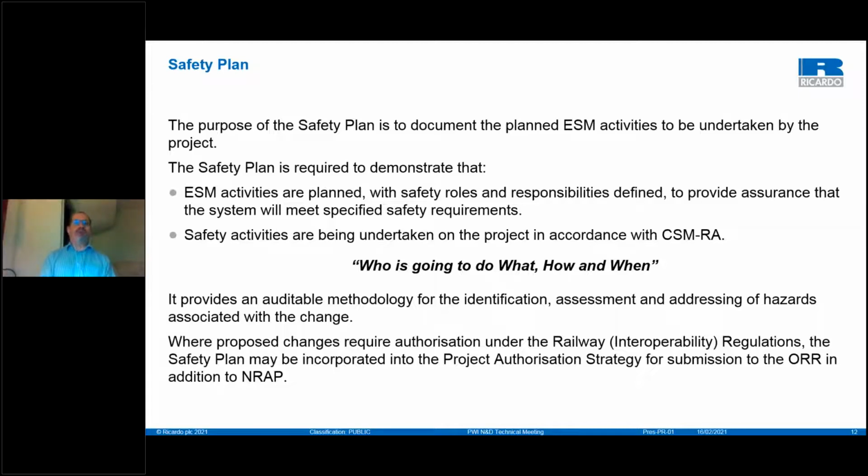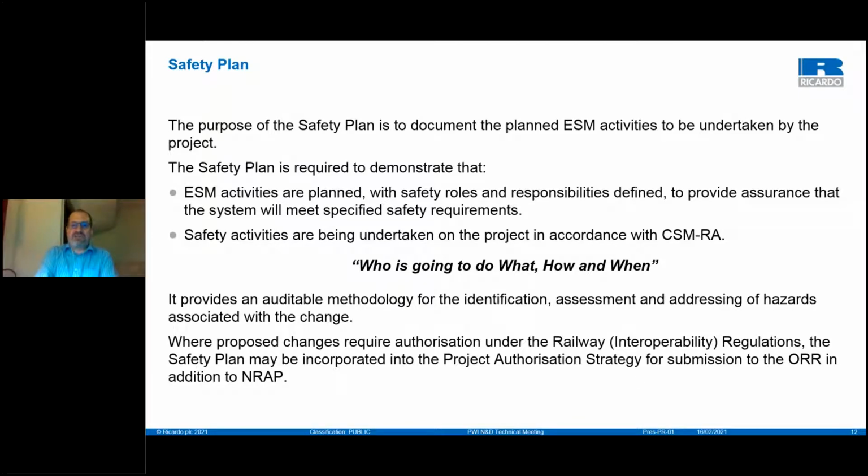I'll talk about roles because we did mention roles earlier. There are a lot of roles that have responsibilities for risk assessment under CSMRA. So I don't want to go too far into that, but it effectively defines who's going to do what, how they're going to do it, and when they're going to do it.